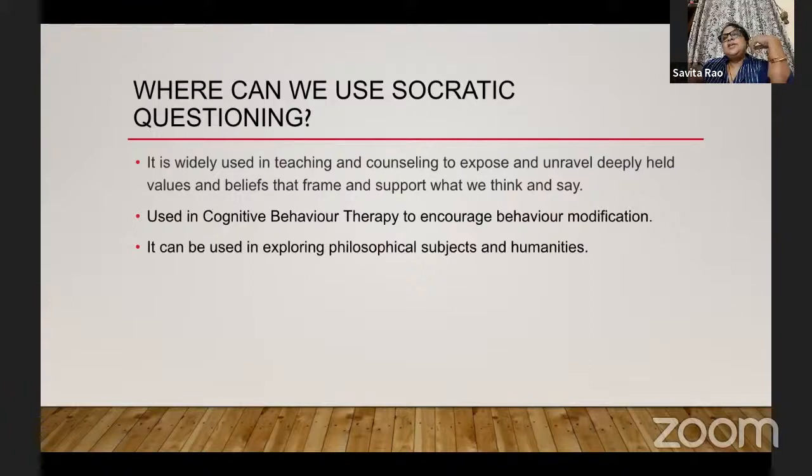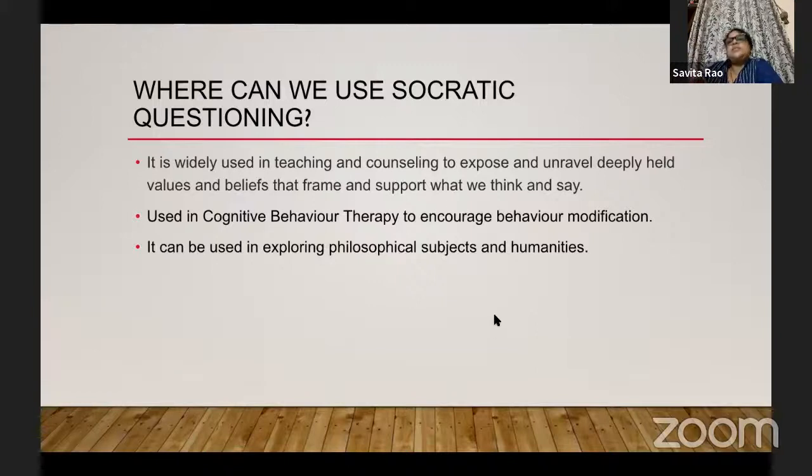And as mentioned, it is used in cognitive behavior therapy to encourage behavior modification. So here it is not telling the person what you need to do, but actually questioning why they think they need to be the way they are. So it involves a lot of making the person think why they are doing or saying what they do.